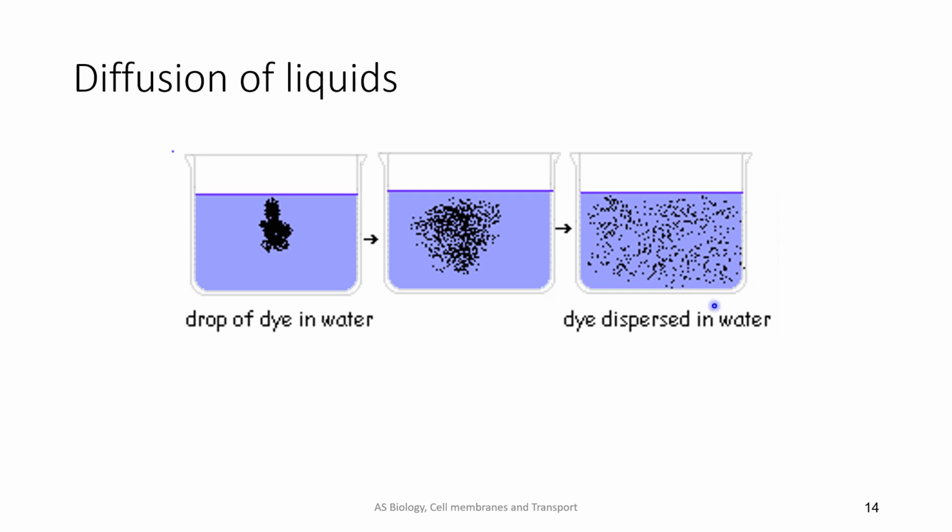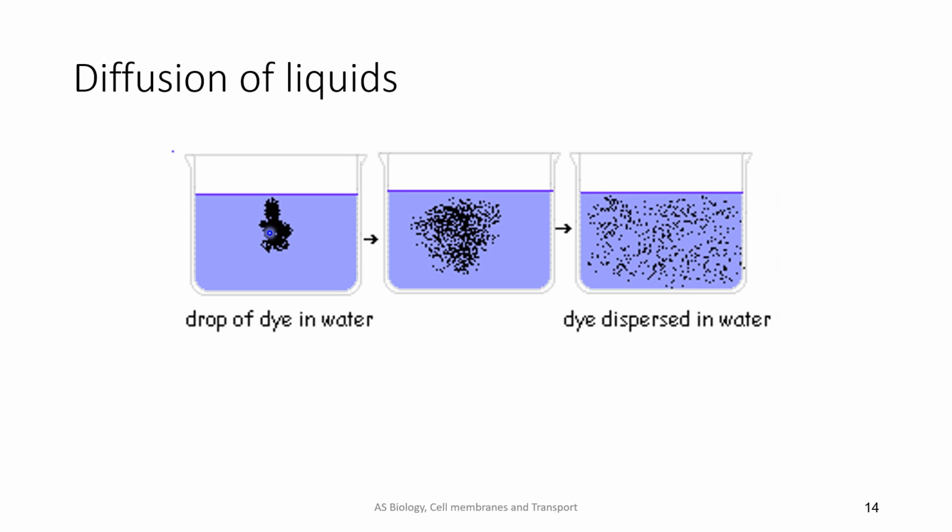So equilibrium is where there is no net movement of molecules. Everything is spread out, everything is happy, everything has room to wiggle, basically. And equilibrium happens and diffusion happens because these molecules have their own kinetic energy.